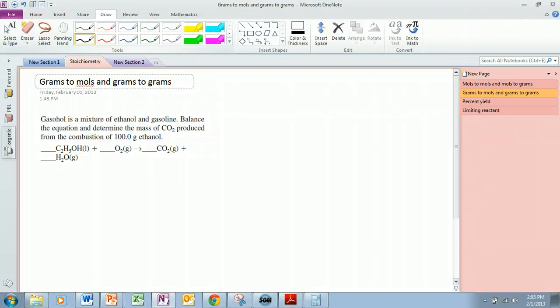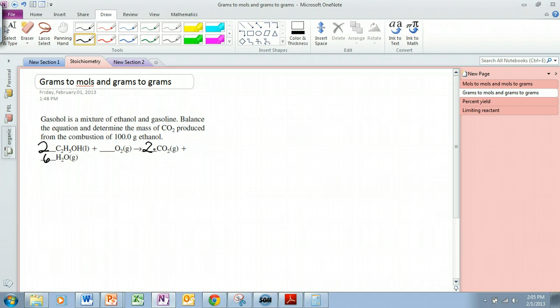So here we have 2 carbons, 6 hydrogens. So I know I'm going to have to multiply this side by 2. And I gave you that hint the other day when I was showing you how to balance these. So that gives me 12 hydrogens here. So I need a 6 here, and then I need a 2 here.